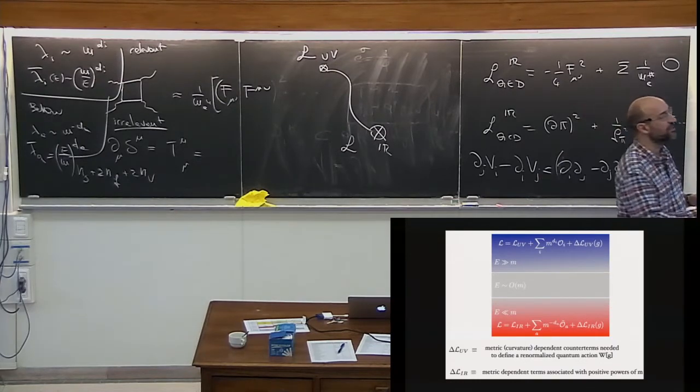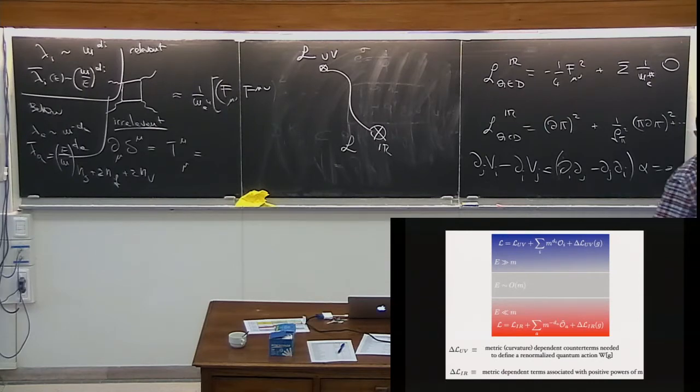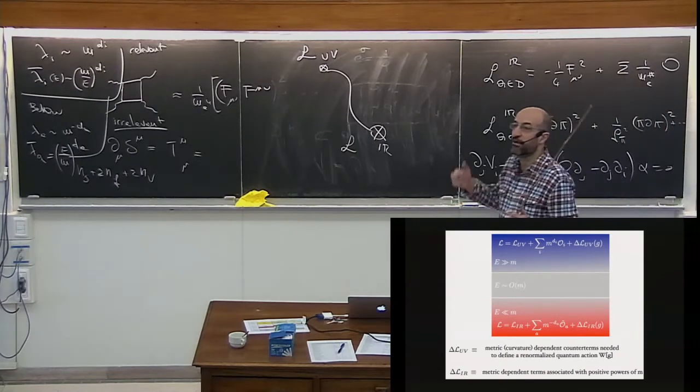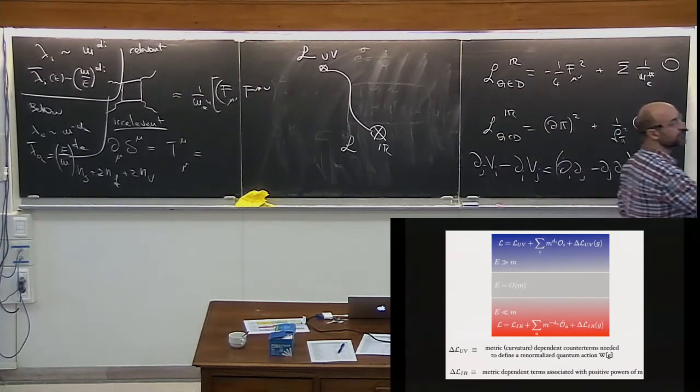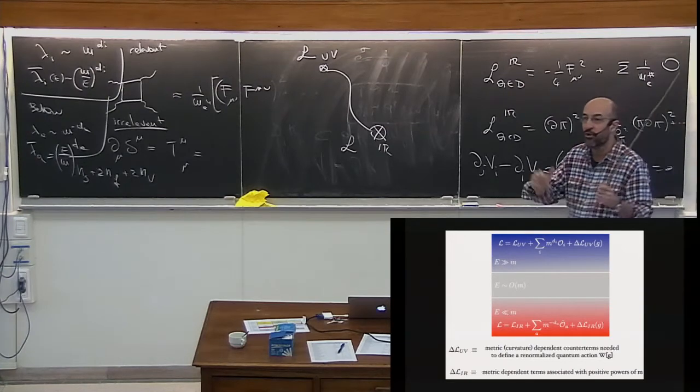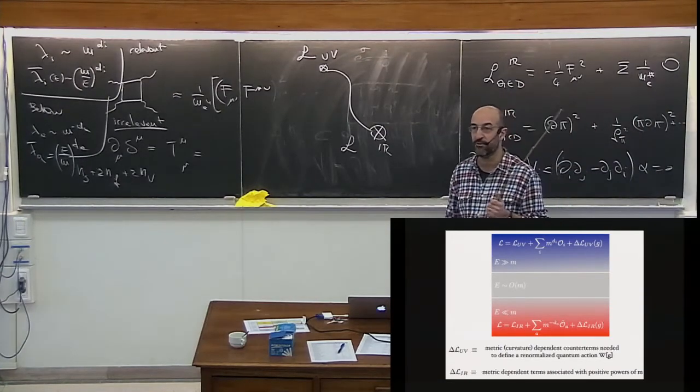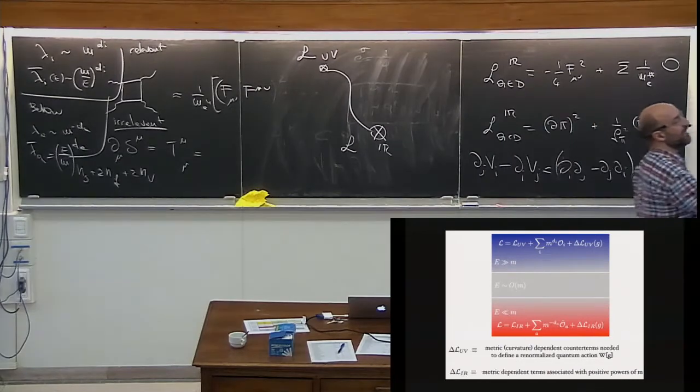Now this, you can think of as an effective Lagrangian. Here you will have all possible terms that involve the metric and the scale m, okay? So for instance, you can have here corrections to the cosmological constant that go like m to the fourth, that come from quantum fluctuation of scale m to the fourth. There may have been an original cosmological constant here that you cancel with a suitable counterterm.